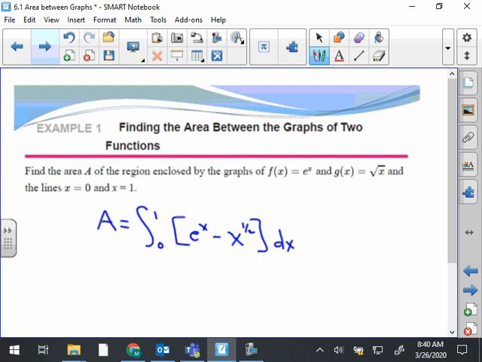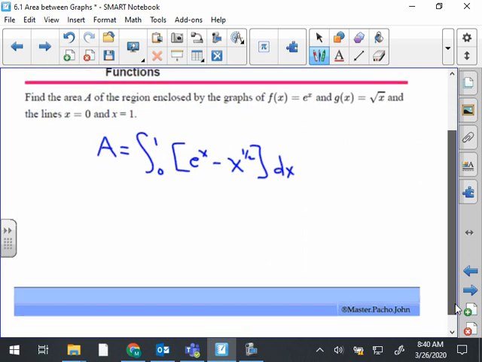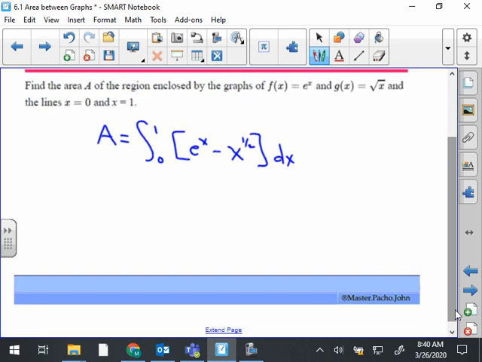All right, so to do this, let's do this individually. So this area would also be, if I took the integral of the first function minus the integral of the second function.